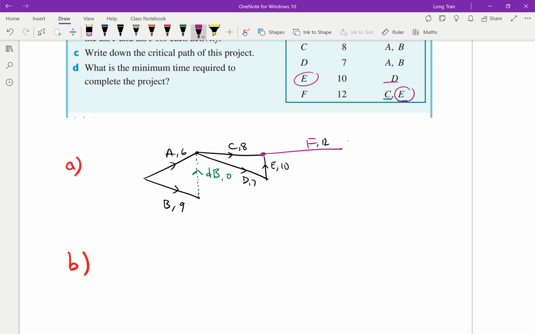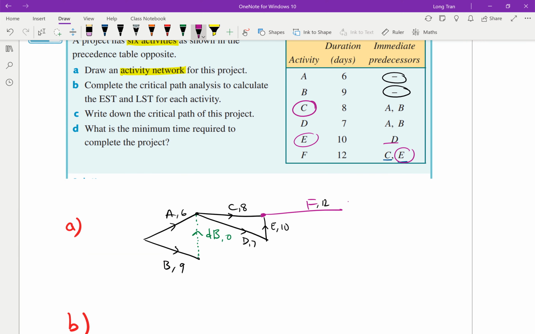So for example, C, right? C cannot start until A and B are done. What we can see here is you can start off at time 0. I'm just going to put in the boxes starting from here. The time starts off at 0, but if I went through the path of A, it only takes, say, 6 minutes, and then C can now start.